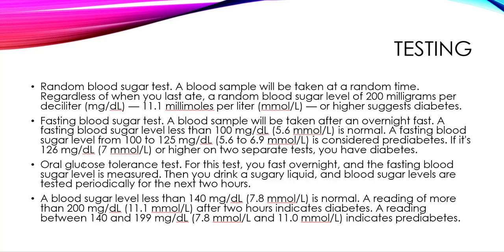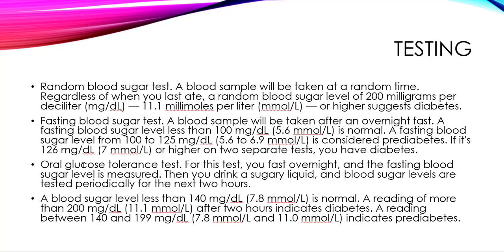It doesn't confirm it, but it definitely means that this person is at a higher risk for having diabetes, and so they need to do further testing to confirm it. Another test is a fasting blood sugar test, and in this case, it's very similar to the one before, but the patient is actually asked to fast overnight.